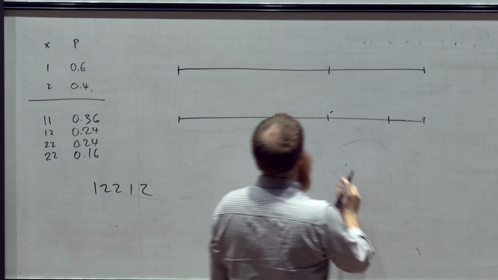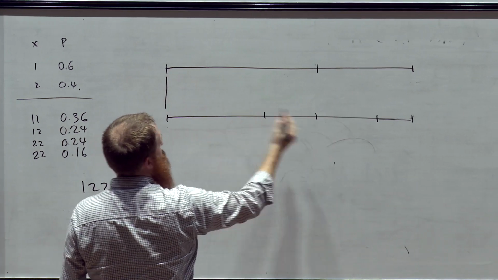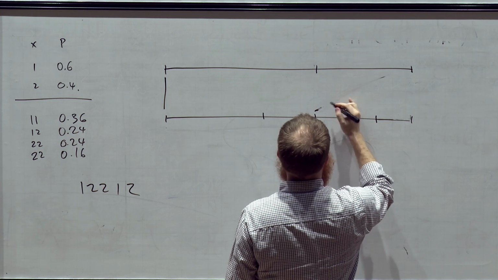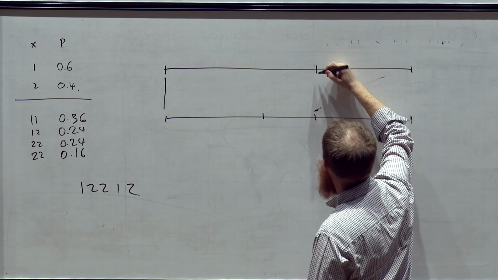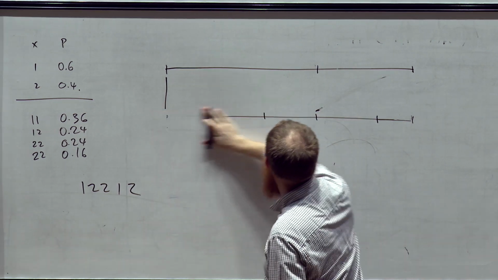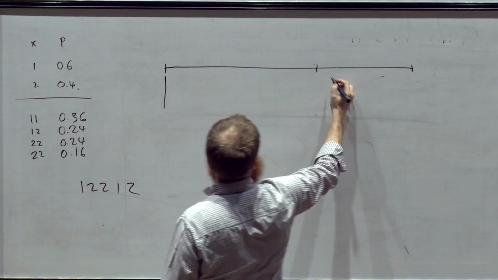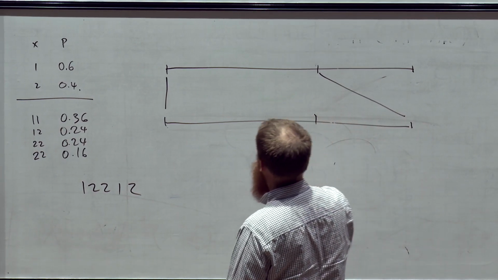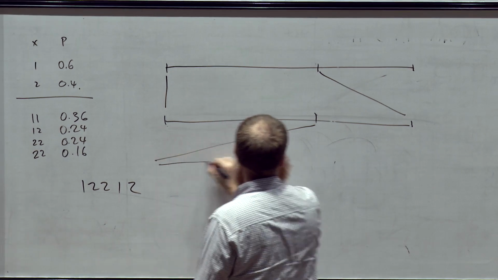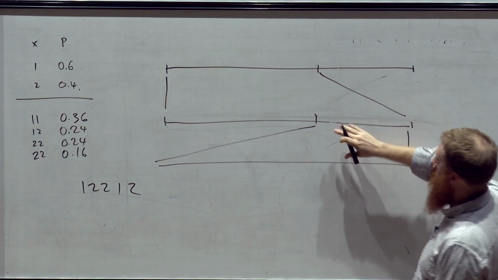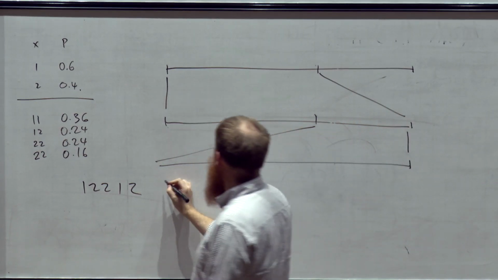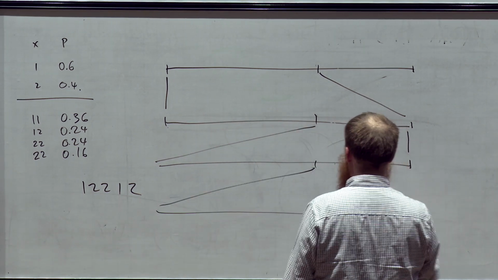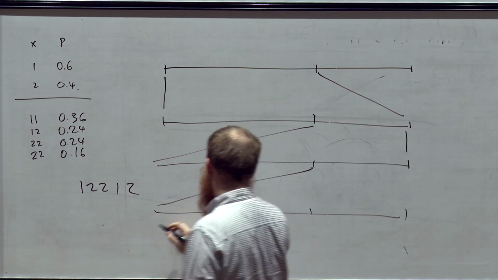Well, instead of writing out all the probabilities, I go 1. So that gives me, so this gets split up. So I'm going to draw it a little bit differently. So zoom out to here. 2. Okay, splitting this bit up. And then 2. And then 1.